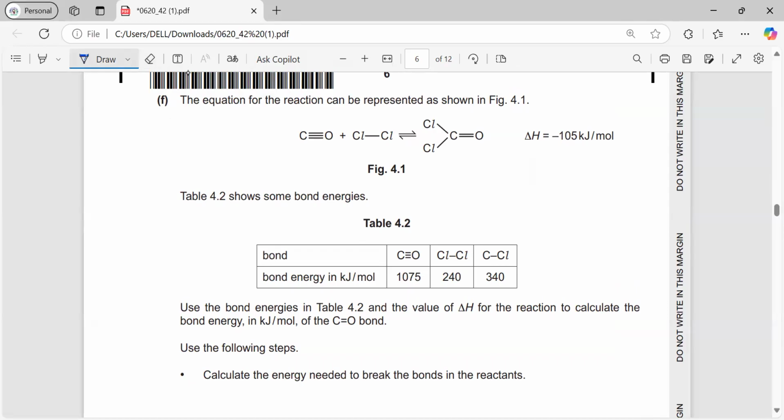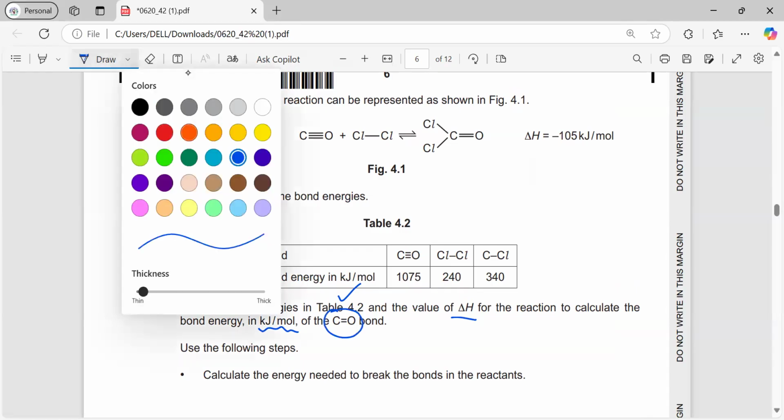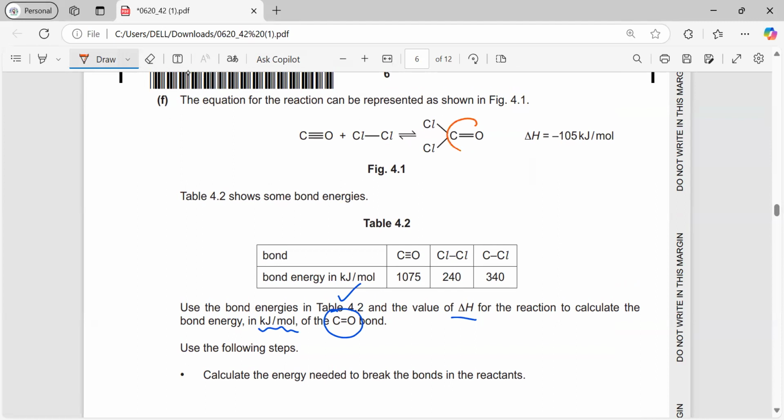Use the bond energies in table 4.2 and the value of delta H for the reaction to calculate the bond energy, in kilojoules per mole, of the CO bond. So we have to find the bond energy of the CO bond by calculating the reactants, products, and considering the delta H value also.